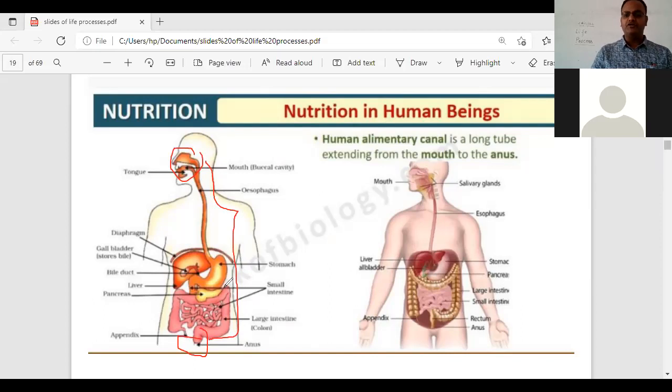Be careful with the spelling of alimentary canal, students. Sometimes by mistake you write elementary. It is not like that. It is alimentary canal. So it is a long tube extending from the mouth to the anus.